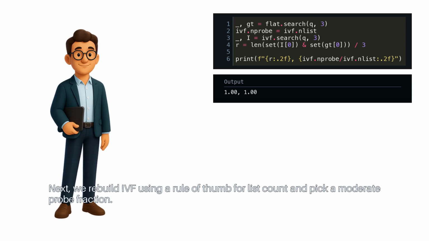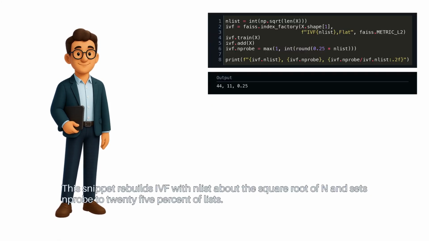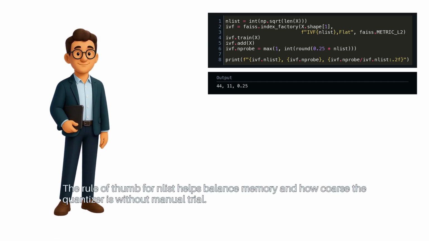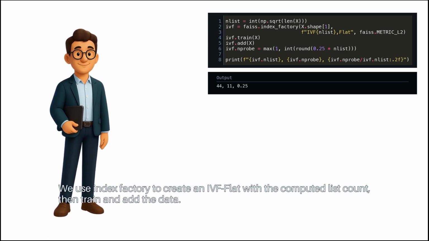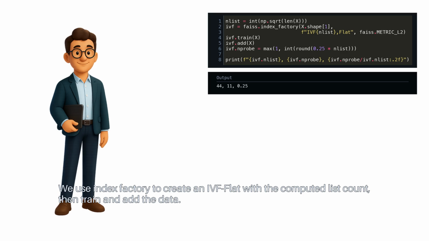Next, we rebuild IVF using a rule of thumb for list count and pick a moderate probe fraction. This snippet rebuilds IVF with nlist about the square root of n and sets nprobe to 25% of lists. The rule of thumb for nlist helps balance memory and how coarse the quantizer is without manual trial. We use index factory to create an IVF flat with the computed list count, then train and add the data.